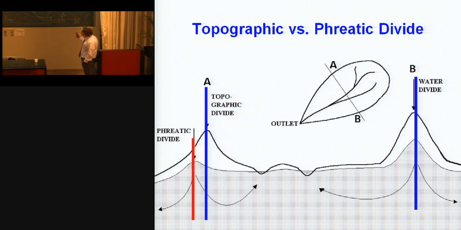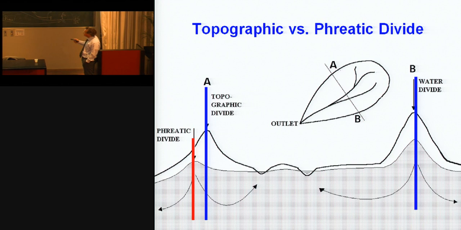This is the topographic divide, topographic boundary. Sometimes the groundwater table, this is the shaded area here, has its highest level coinciding with the topography. That's this case. Here the topographic and the phreatic or the groundwater divide are the same.